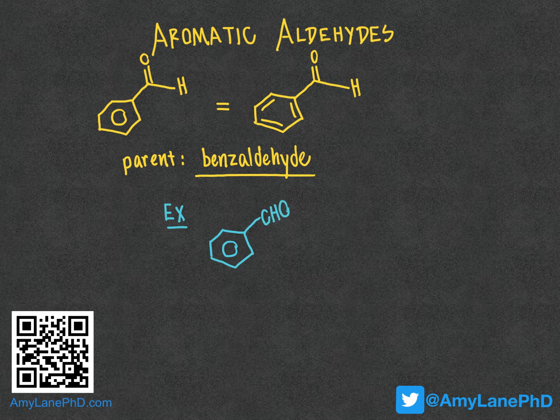So don't let that throw you off the trail. If you see a CHO group, recognize that that refers to a carbonyl directly bonded to a hydrogen. And in that molecule, we had a second branch coming off right here. We would refer to this structure with the parent name benzaldehyde, where the benzaldehyde part of the name will refer to the aromatic ring, plus the CHO aldehyde group confers the parent benzaldehyde on that molecule.